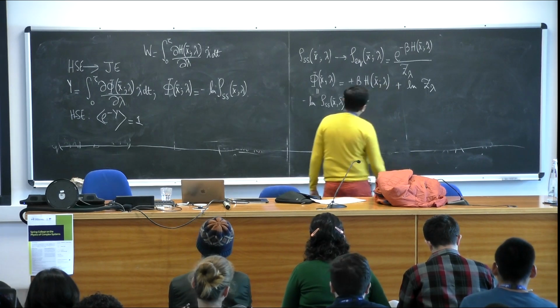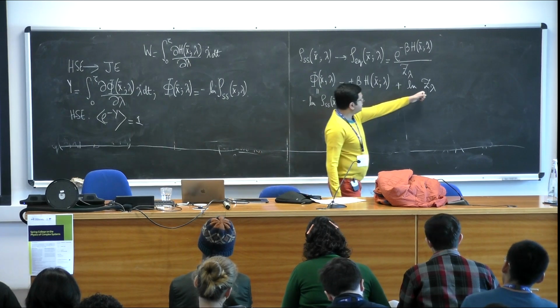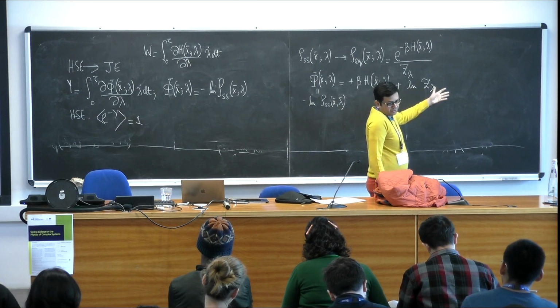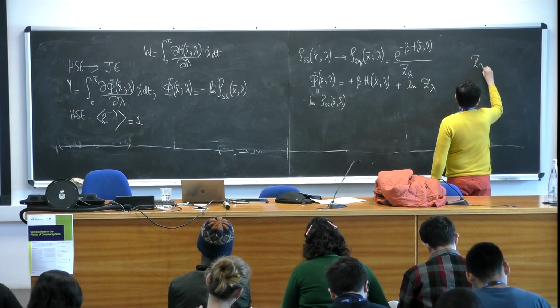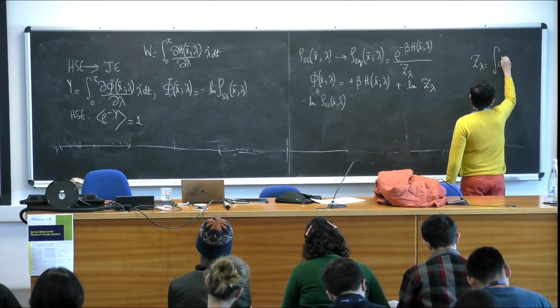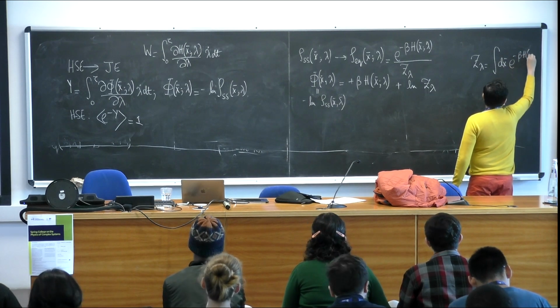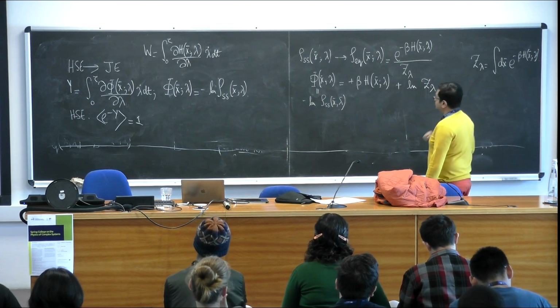Yes, I did it right. Does z lambda contain any dependence on x? No, because x has been integrated over, right? So that's why there's no dependence.